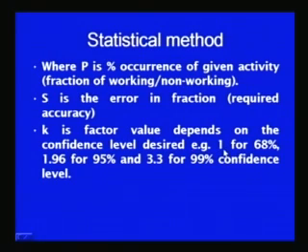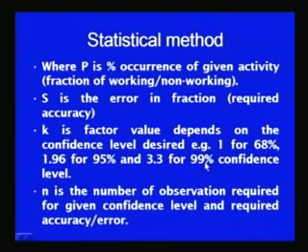Its value is taken as 1 for 68% confidence level, 1.96 for 95% confidence level, and 3.3 for 99% confidence level in the data, and n is the number of observations required for a given confidence level and the accuracy, from the above equation.